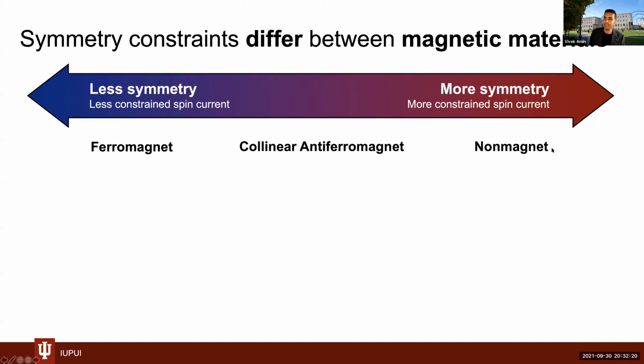A non-magnet has quite a bit of symmetry, and so you get a constrained spin current that actually has to follow the orientation of the spin Hall effect. However, if you have less symmetry, you get a less constrained spin current. Something like a collinear antiferromagnet or a ferromagnet has less symmetry because of the magnetization direction, because you've added these spins that are pointing in some direction that takes away the different symmetry transformations that keep the system preserved.